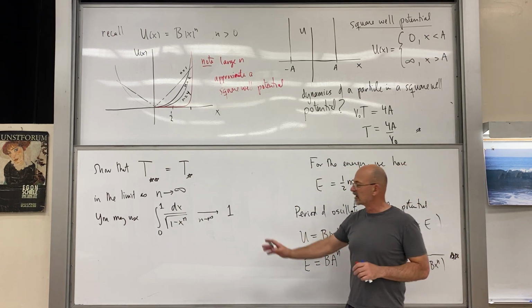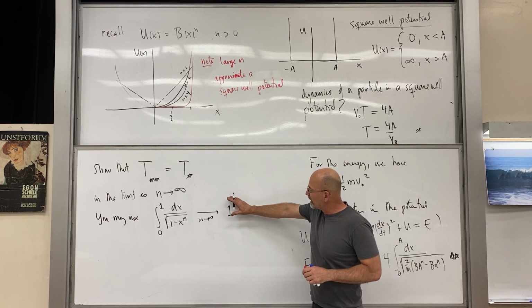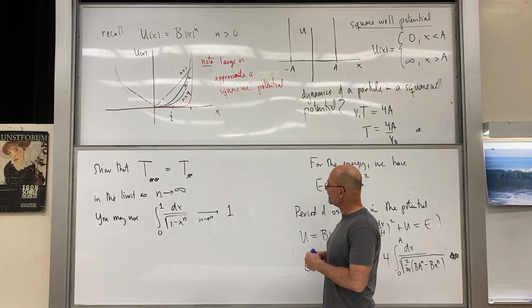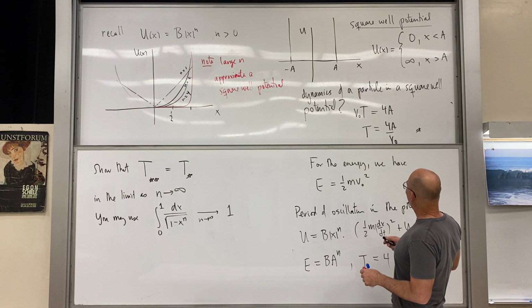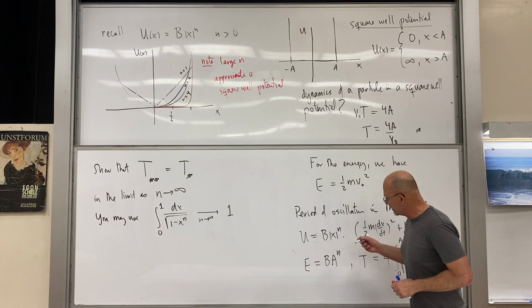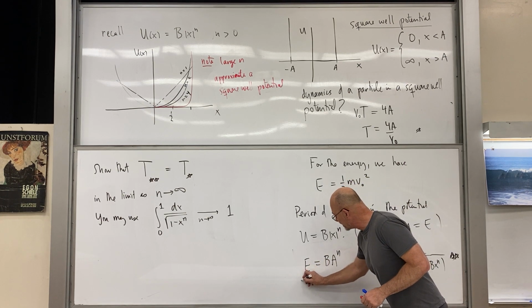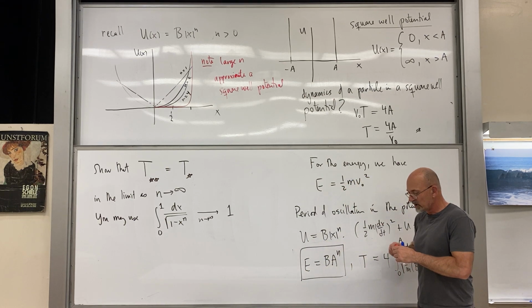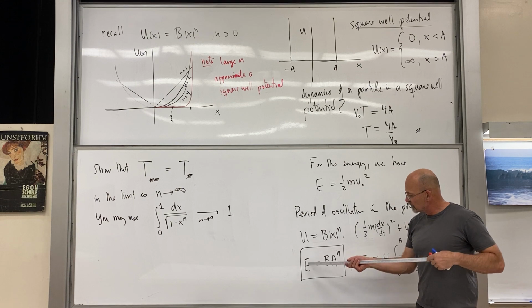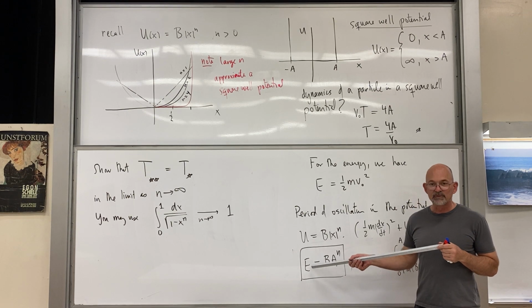I like to show everything. But for the moment, we'll just make use of that. And very important, at some point in the problem, you're going to make use of this as a second substitution.